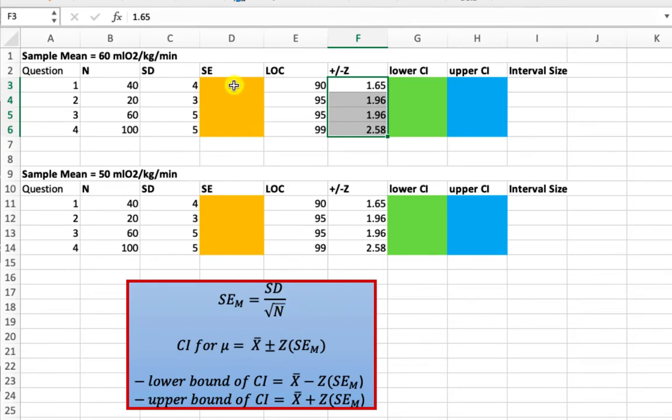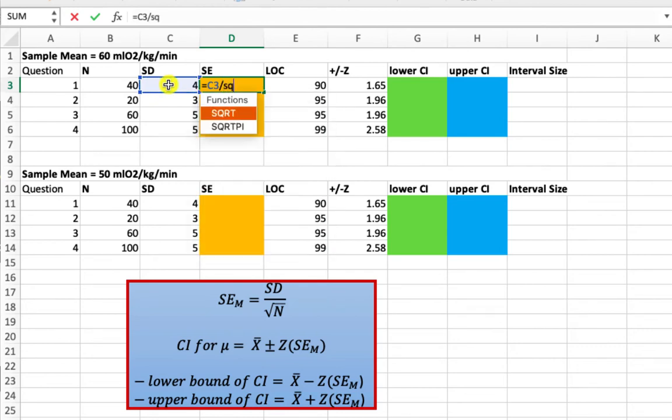So we can easily do a plug and chug method here by just typing in the equation: equals, a cell reference for our standard deviation, divided by the square root of our sample size. We can then press enter and copy this down, and then we have the standard error of the mean for each of our different examples.